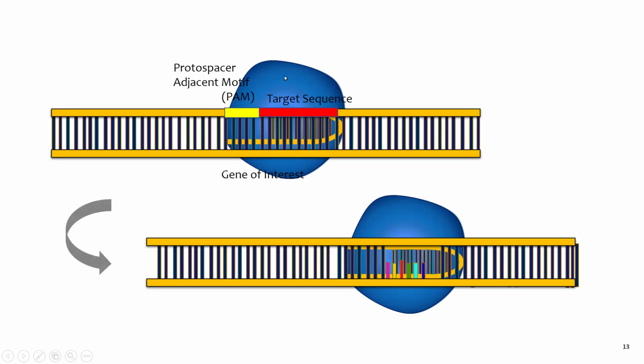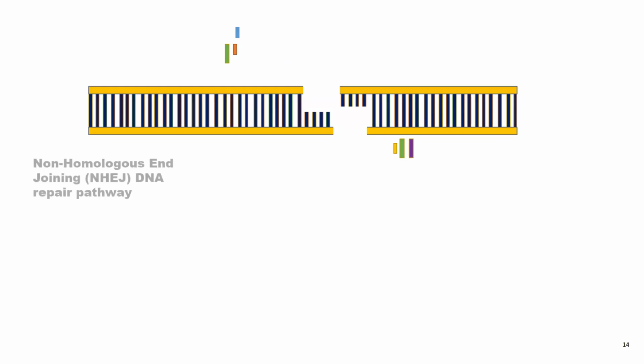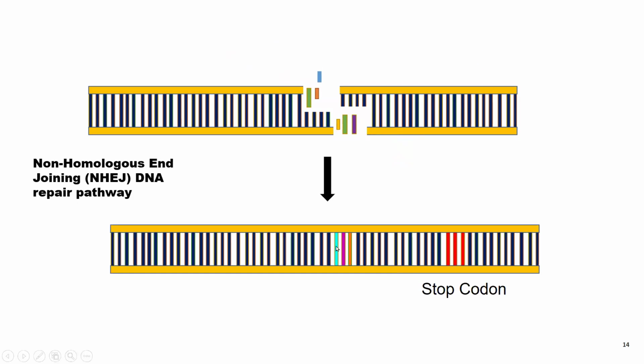Then the Cas9 nuclease cuts the double-stranded DNA, and here you can see, very interestingly, several nucleotides beside the cut point removed, and in the DNA repair mechanism, sometimes this happens. Here you can see the edited gene, that is, three nucleotides being changed.